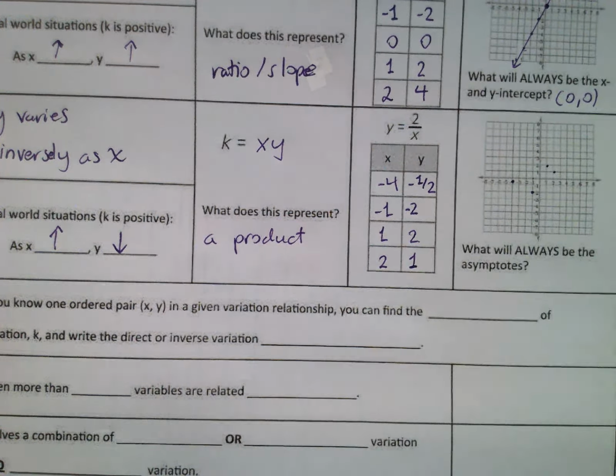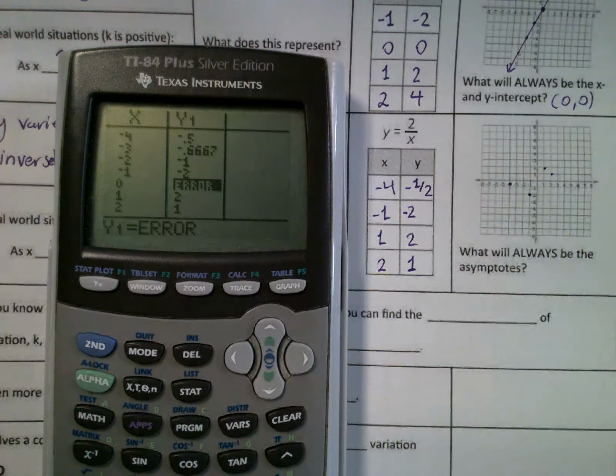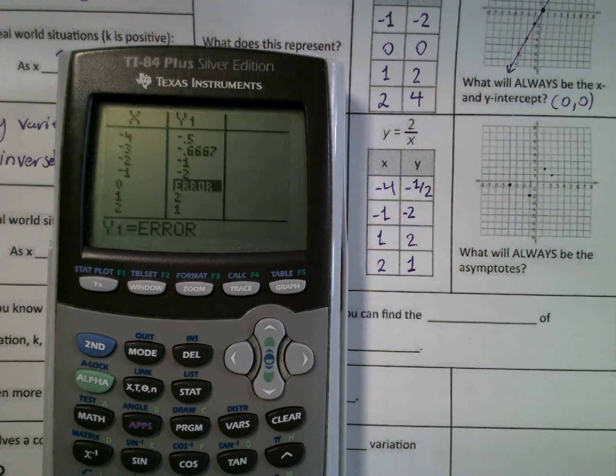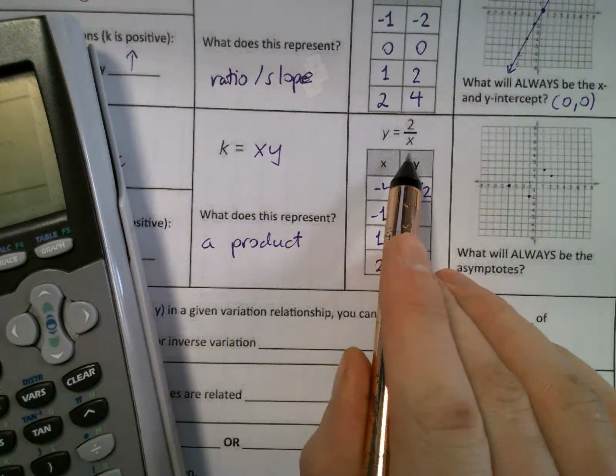So if we plug in 2 divided by x, we go to the second table. What's going on here? Guys, we can't use 0. Why can't we use 0? Can you divide by 0? No. That's why.